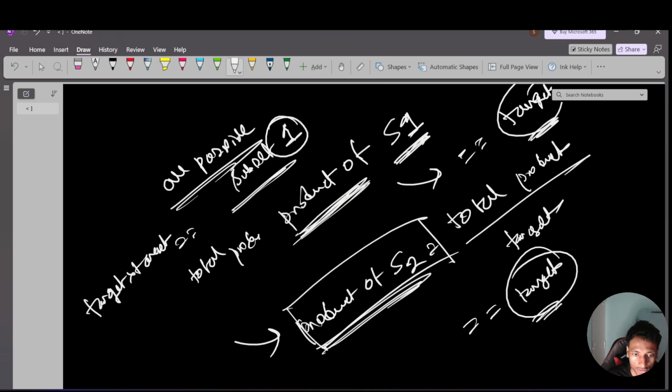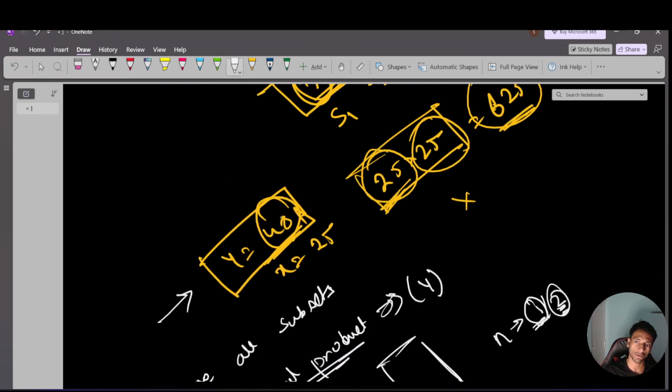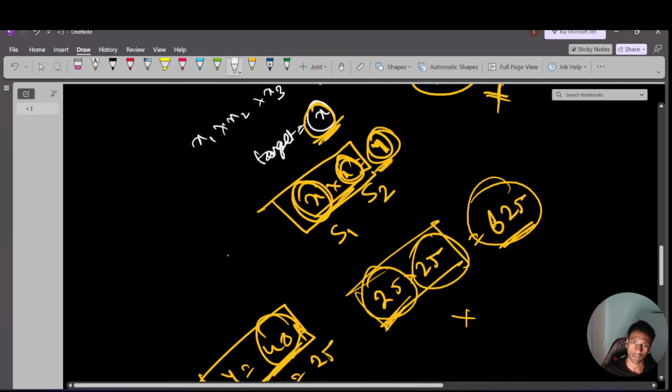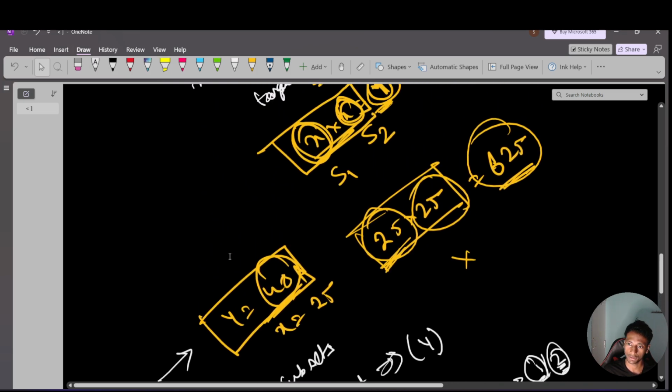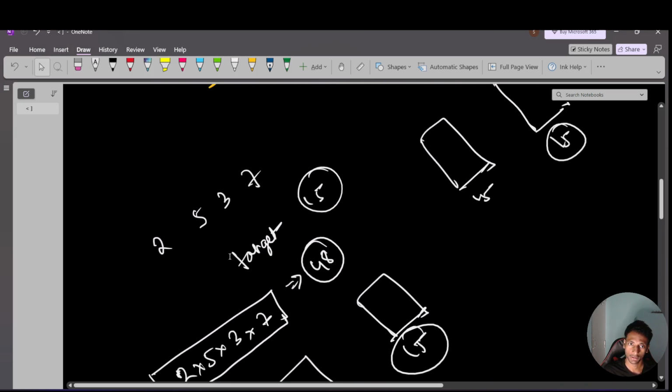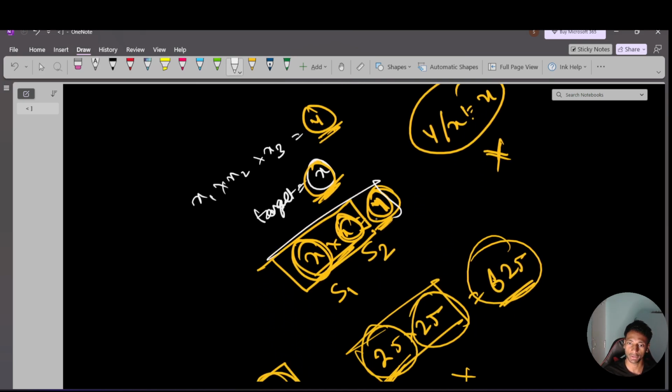I have already ensured in this case, I have the condition I have written, that x into x should be equal to y, meaning target into target should be equal to total product. Clear?